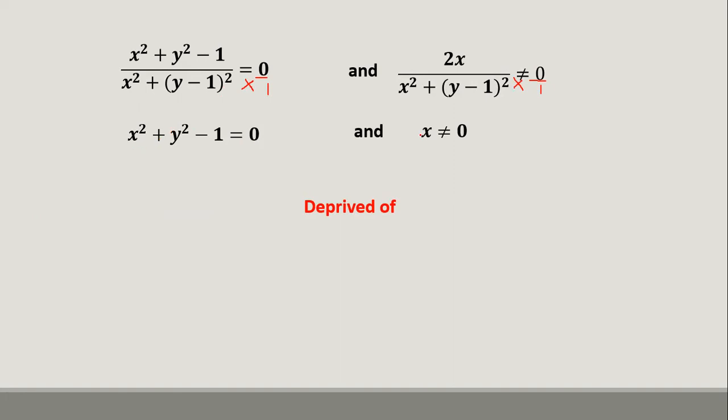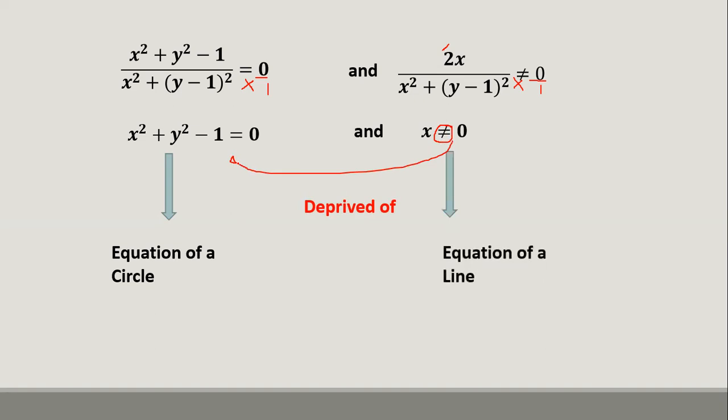So, how to find the locus of the point M? It is clear that there is an equation of a circle deprived of some points. Why deprived of? Because x doesn't equal 0, it is impossible for x to be 0. So we will take the circle but x is forbidden to be 0. We can say that x equals 0 is the equation of a line.